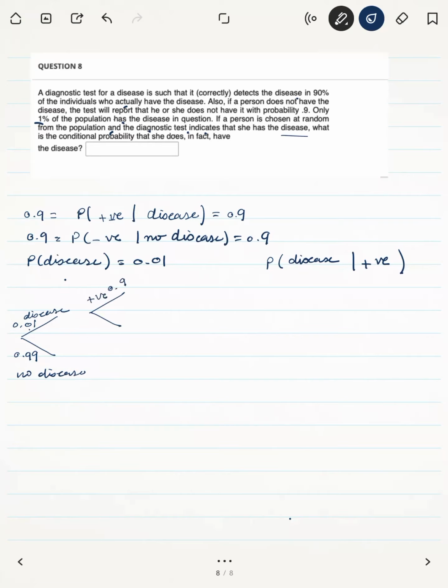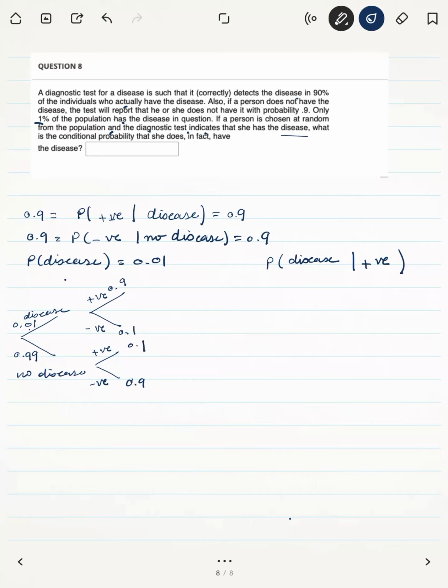It is positive, given that I have the disease, and if the result is negative, given that I have the disease, it's 0.1. In here, it's going to be positive, negative again, negative with 0.9 and positive with 0.1.